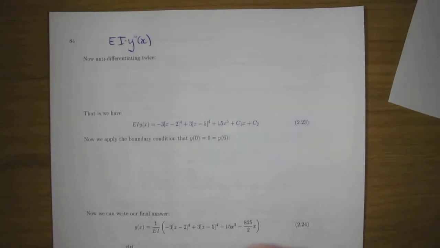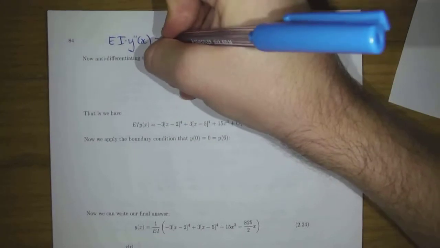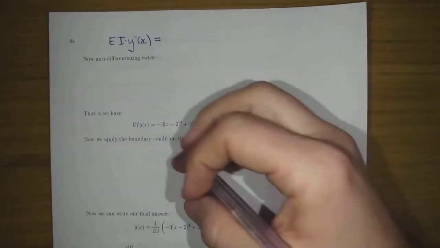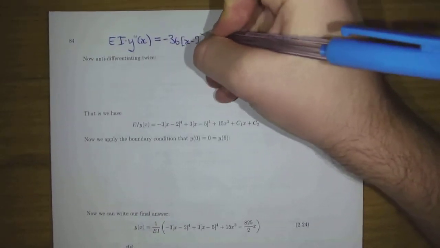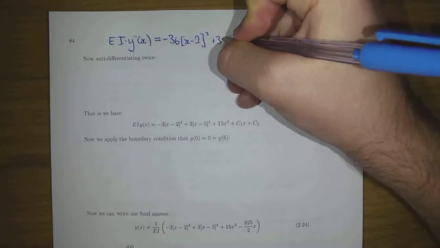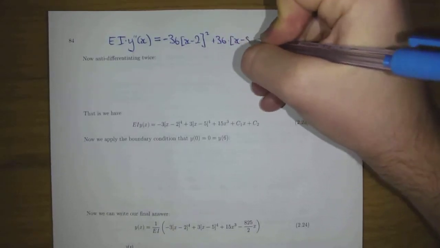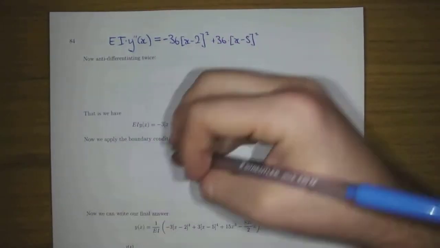Try and get it right, is my advice. Equals, what is it equal to? The bending moment. Let's just write that down: minus 36 square bracket x minus 2 squared plus 36 square bracket x minus 5 squared plus 90x.